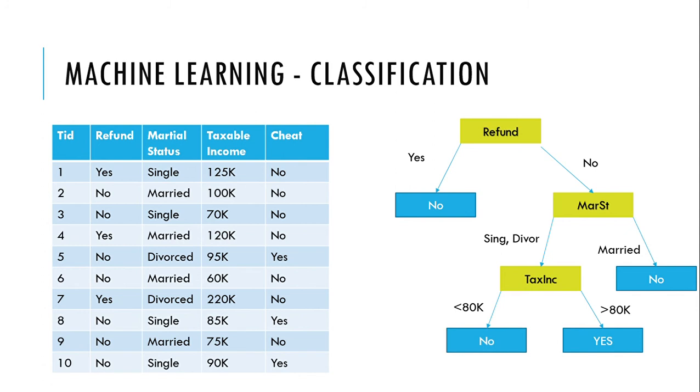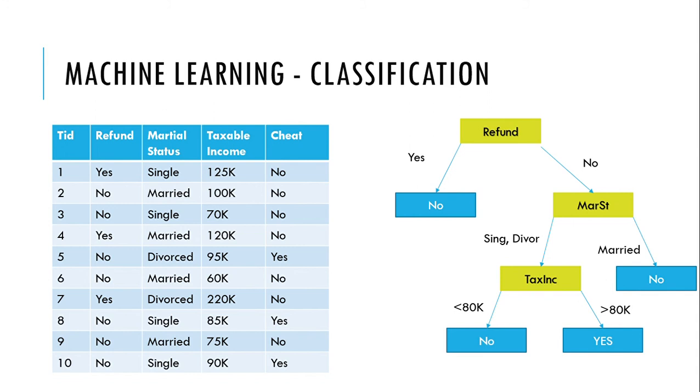Wherever there is yes, the output column is no. So we don't need to further split it, because for every refund yes, we are always going to predict that the person is not cheating. But if the refund is no, then look at the table where you can see refund no and cheat equals no and yes. That means for refund equals no, we have the output as no as well as yes.